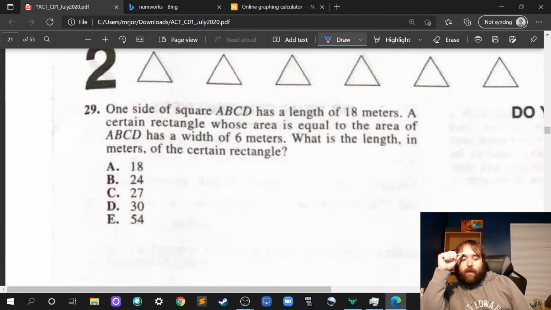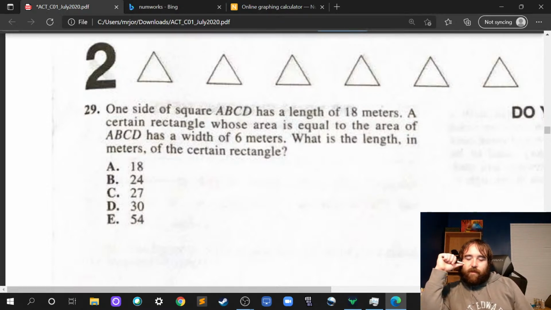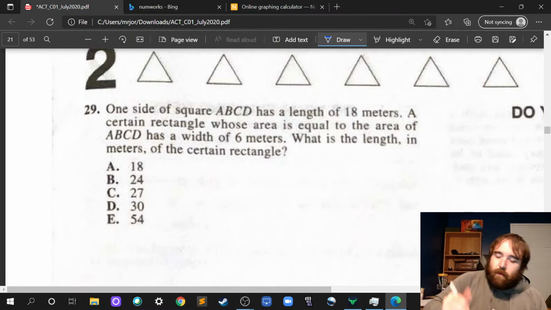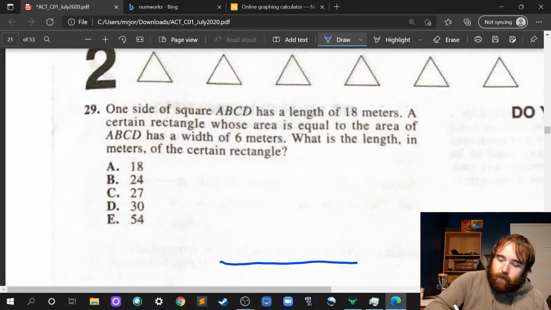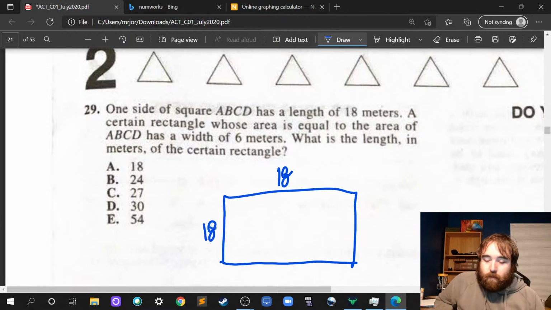Alright, so one side of the square ABCD has a length of 18 meters. A certain rectangle whose area is equal to the area of ABCD has a width of 6 meters. What is the length in meters of the certain rectangle? Oh, so it's a square. 18 on each side.